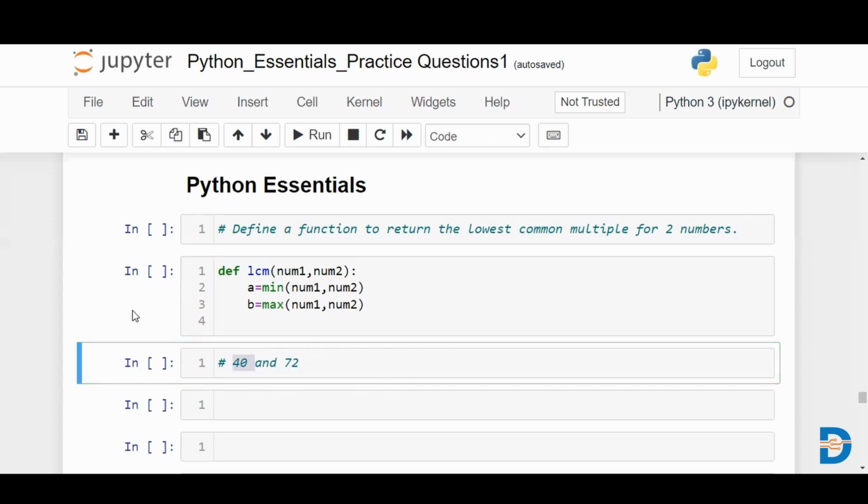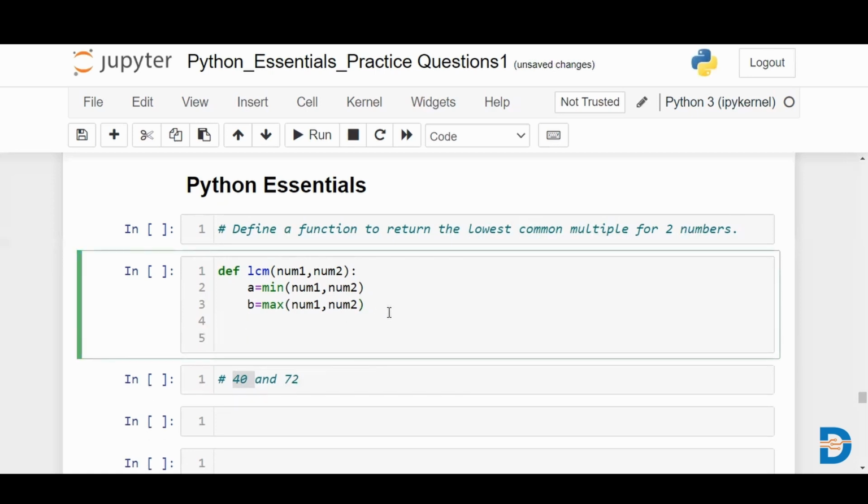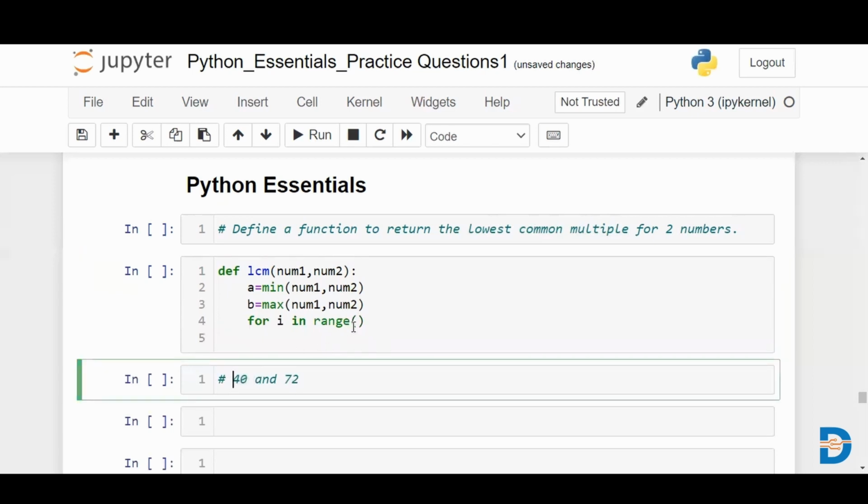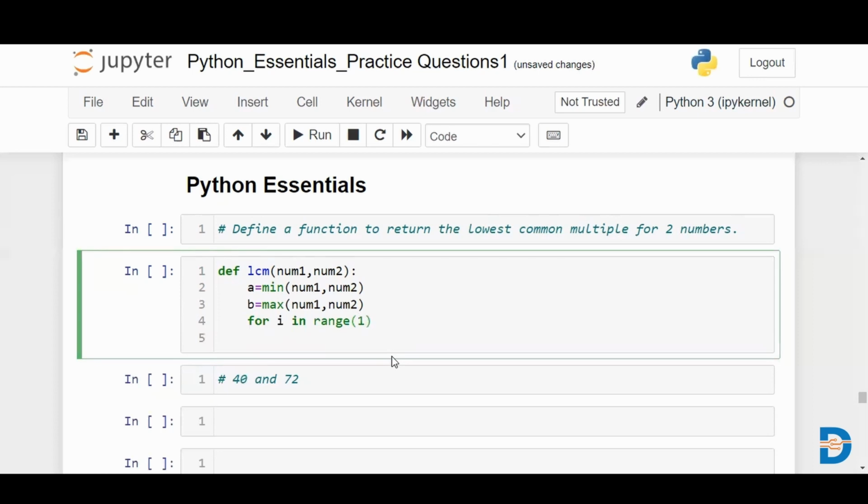So what we'll do is use a for loop, for I in range of the smaller number. So we start at 1, and A is our smaller number in this case. So we're talking about going up to A plus 1 in the range.